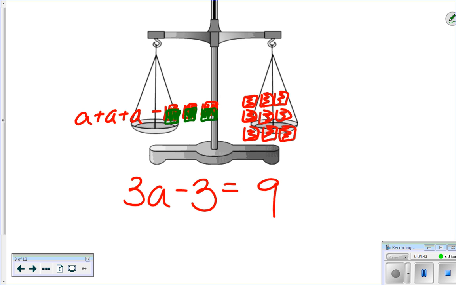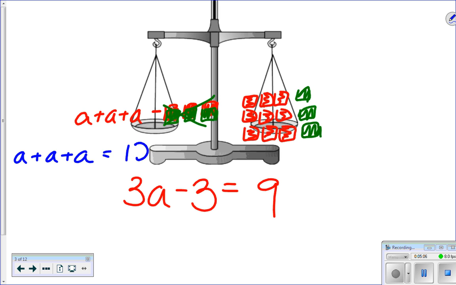It's like a zero pair. Remember we talked about zero pairs, a red and a yellow tile? That's what's happening here. So if I added 3 here, guess what I got to do over here? I got to add 3. Still balanced now, but these are taken away because they're canceled out. So now I have 3 of these a's, and it equals how many over here now?